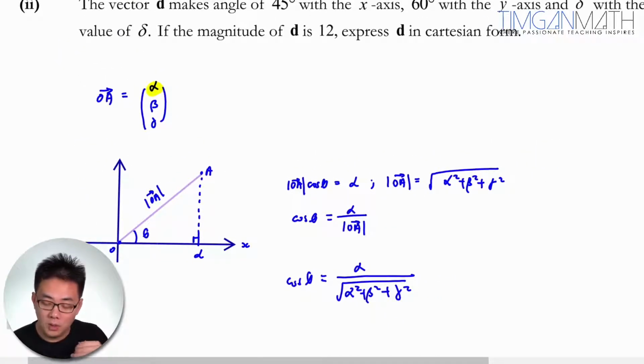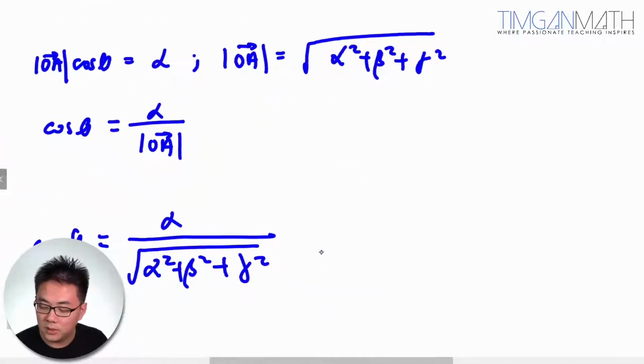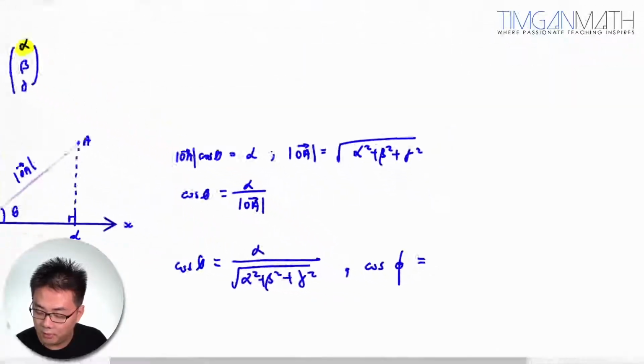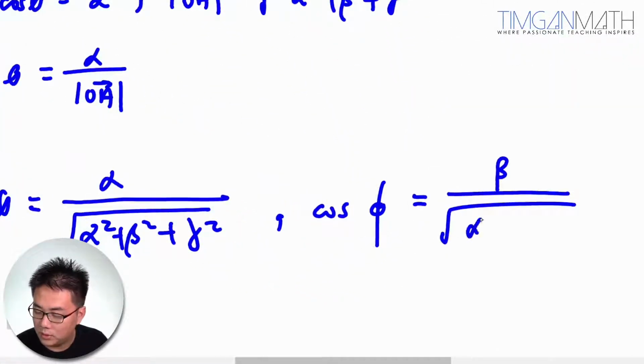If you do the same thing for the y-axis, where the angle is phi, you do the same step, and cosine phi would be, instead of alpha, beta over the same square root.